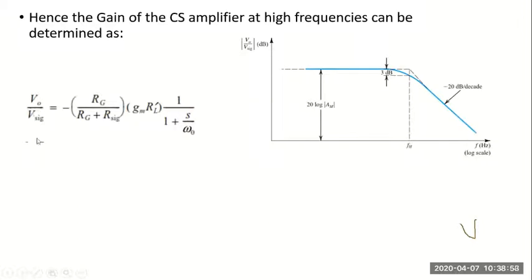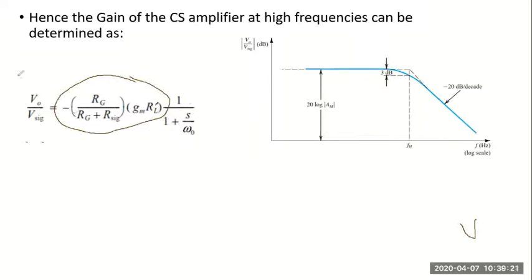The voltage gain at high frequencies, V naught by Vsig, is minus Rg by Rg plus Rsig into GmRL dash into, so before, if you see, the midband voltage gain had only these two parameters. The midband voltage gain, AM, had only these two elements.